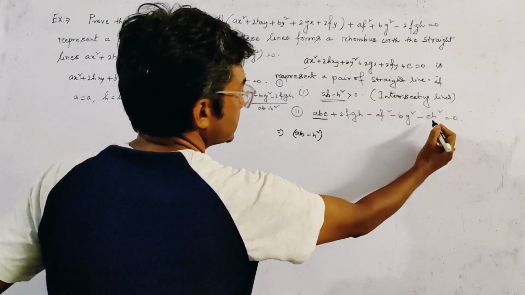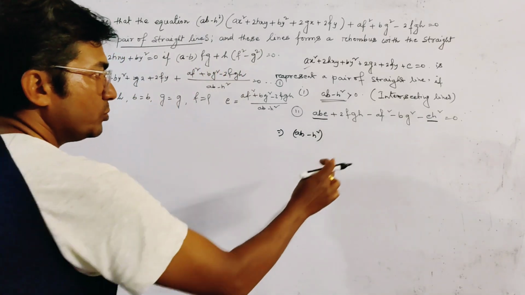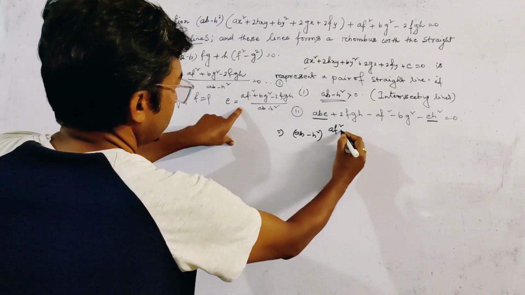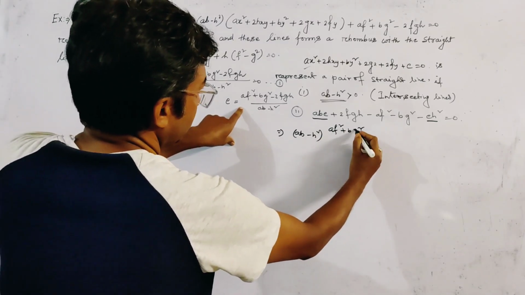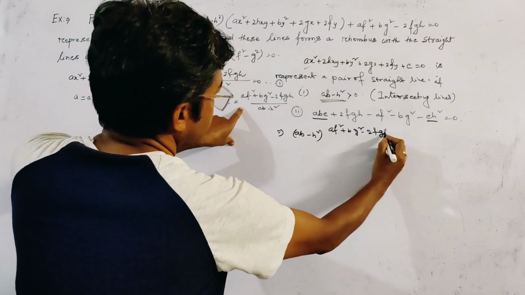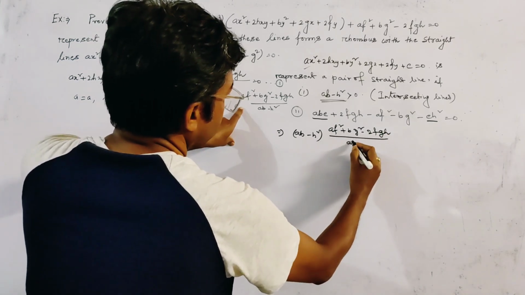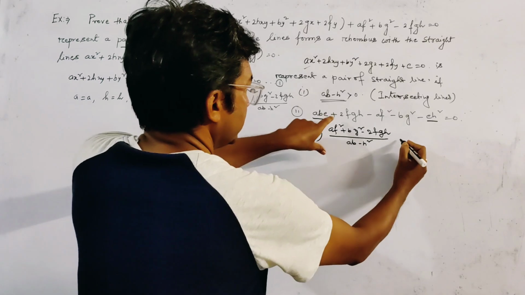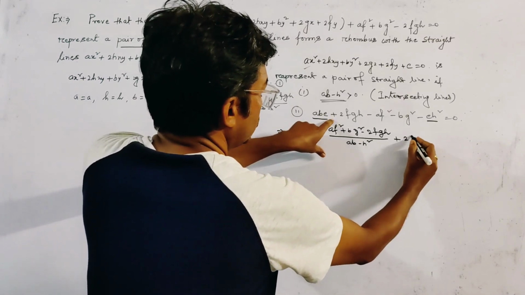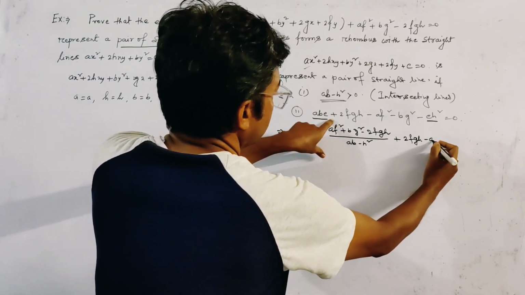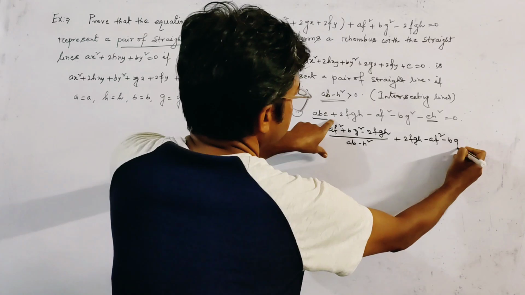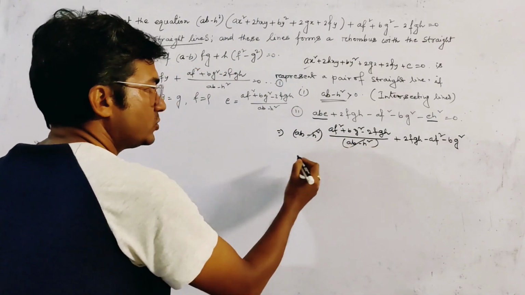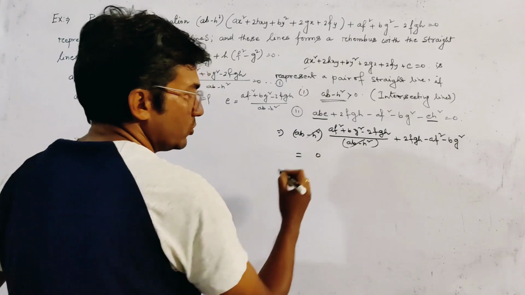We take c common and put this value of c here: (af² + bg² − 2fgh)/(ab − h²), and write the other terms unchanged, plus 2fgh − af² − bg². And it is clear that this cancels out and we get the result 0.